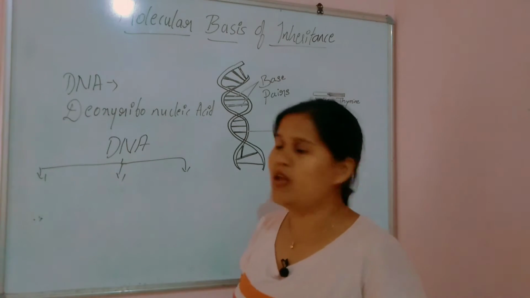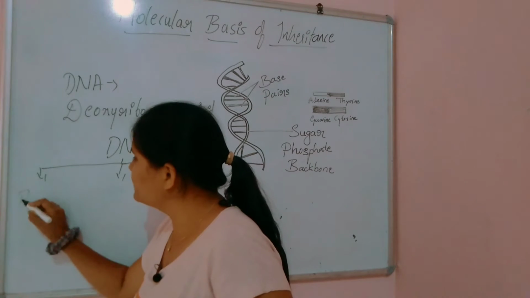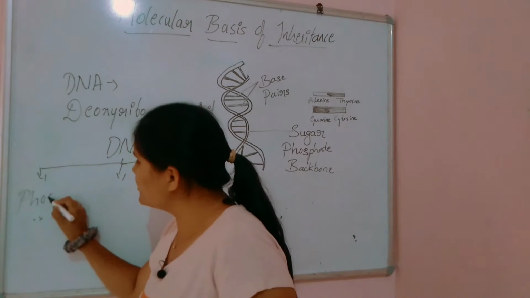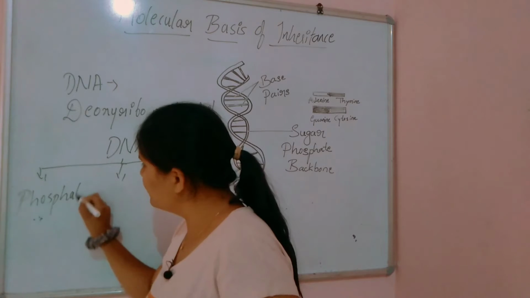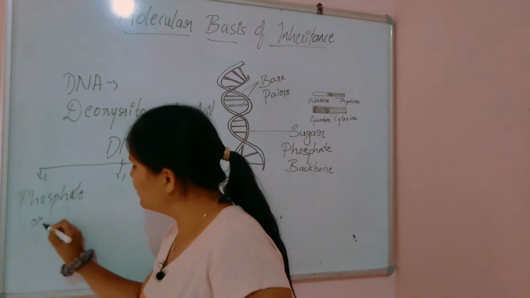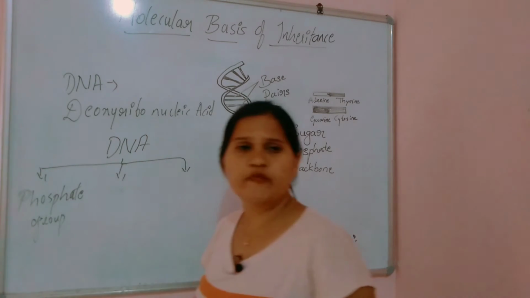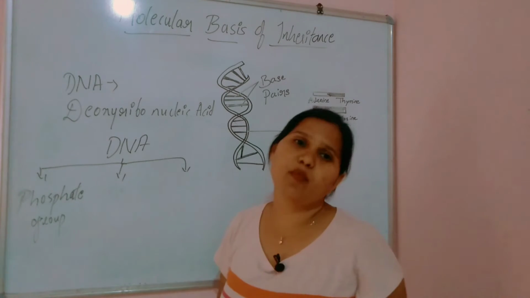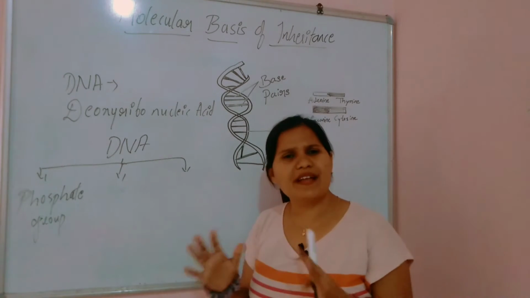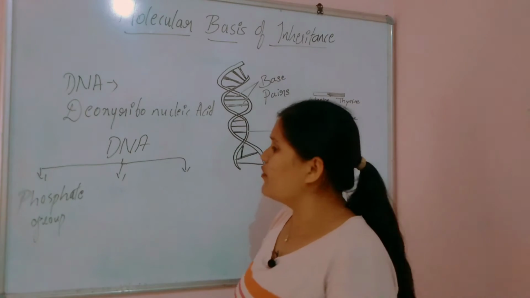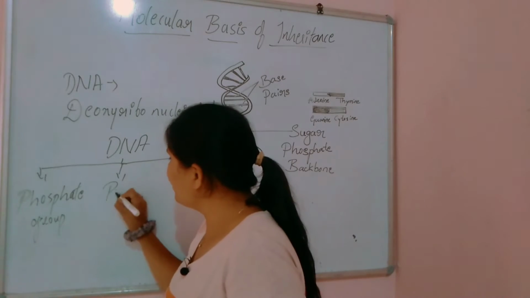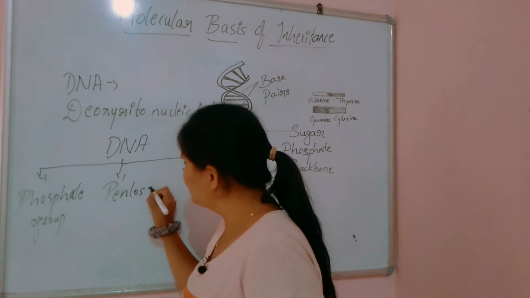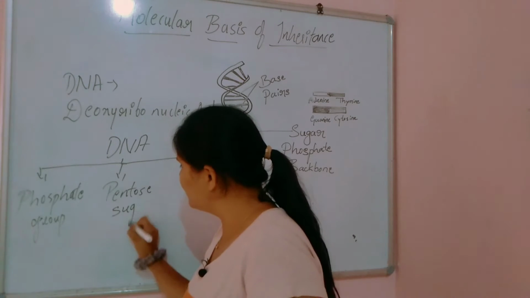What are they? The first one is the phosphate group, that is phosphoric acid. The second one is the sugar molecule, which is a carbohydrate, the pentose sugar.